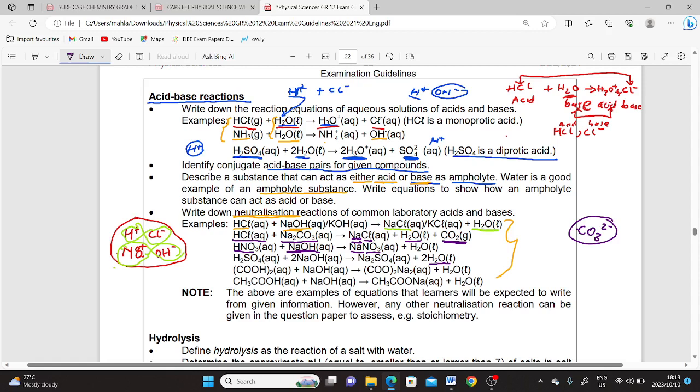Then now the next part, we also have H2SO4 reacting with this strong base, then that's what we have as the product.